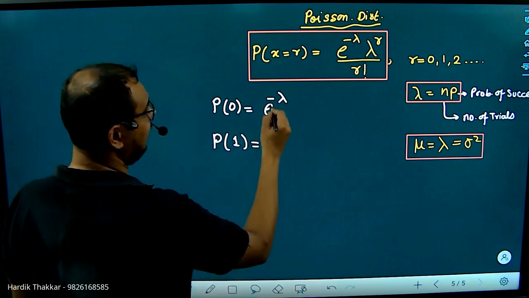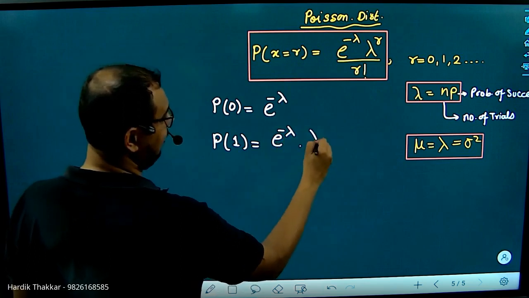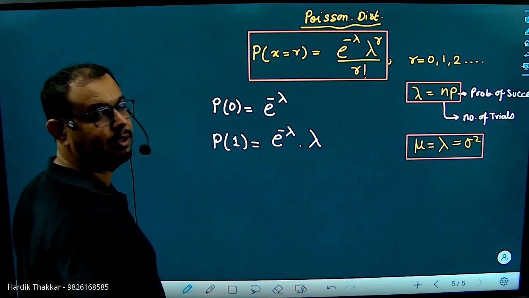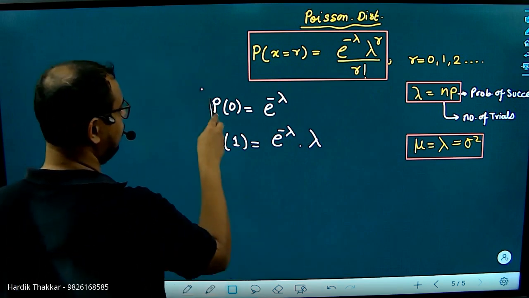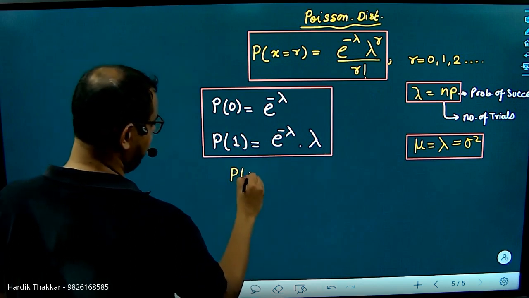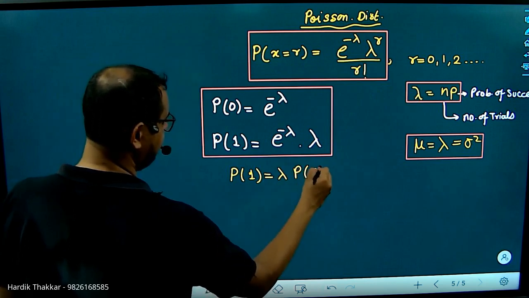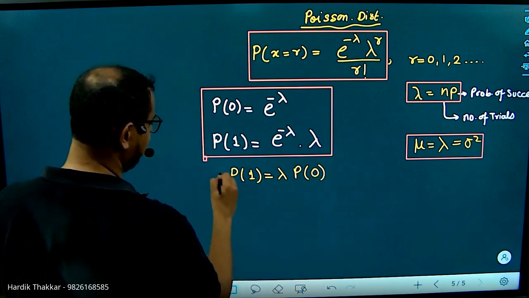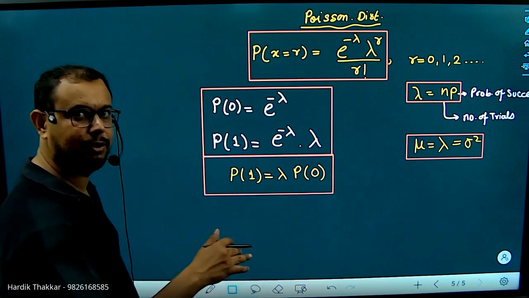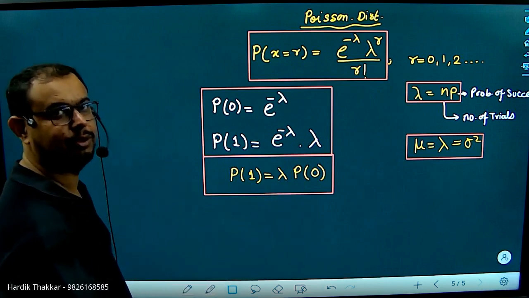Put r equal to 1, it will be e raised to power minus lambda into lambda divided by 1 factorial, which is 1. So using these two, we can also write probability of 1 is equal to lambda times probability of 0. So it is also possible in some questions that probability of 1 success and probability of 0 successes is given to you, and the question asks to calculate the mean or lambda. So you can use this relation.